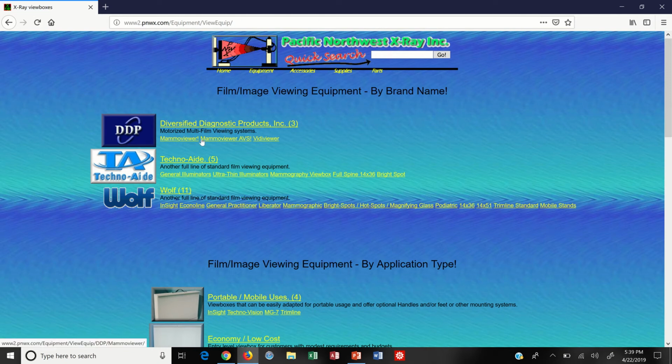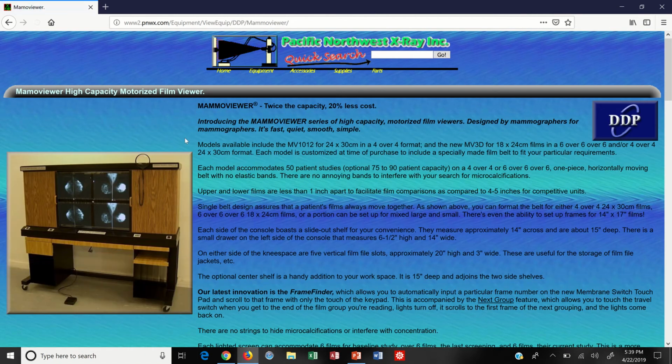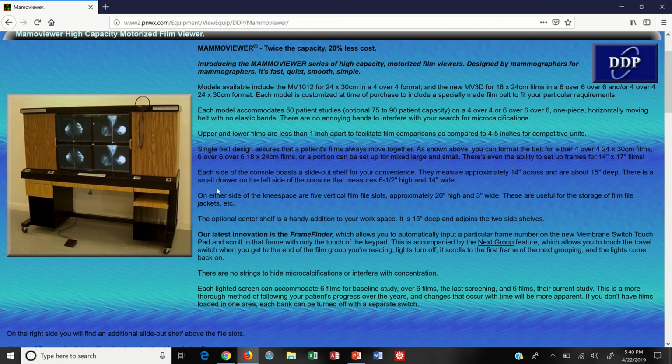The Mammo Viewer high capacity motorized film viewer with the MV crate stock number option. Okay. Yeah, I think I got it. Okay.